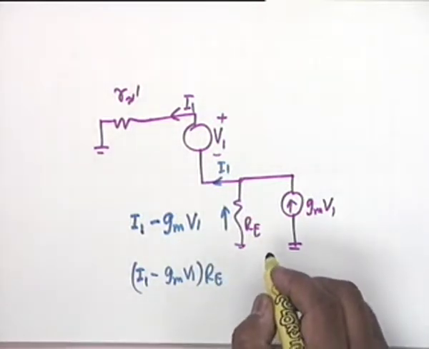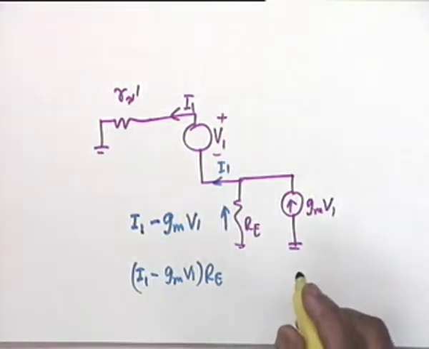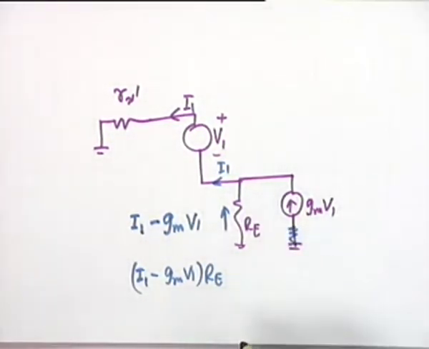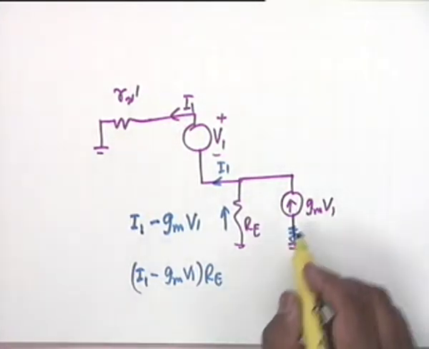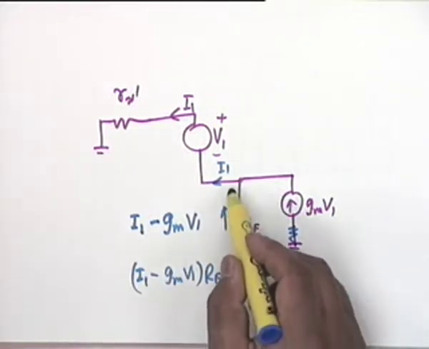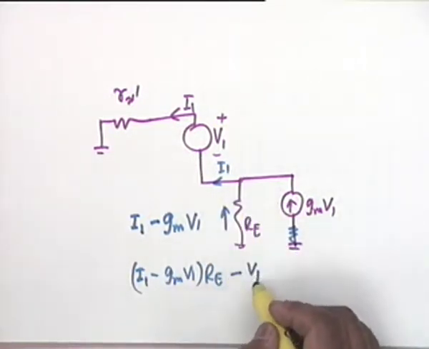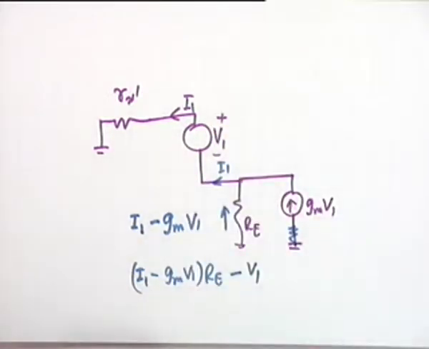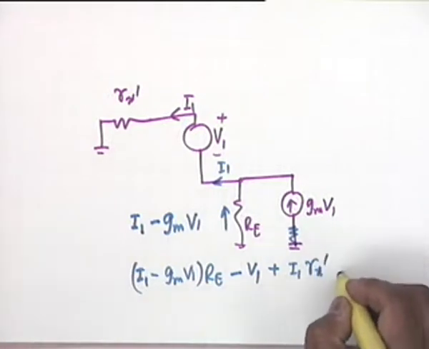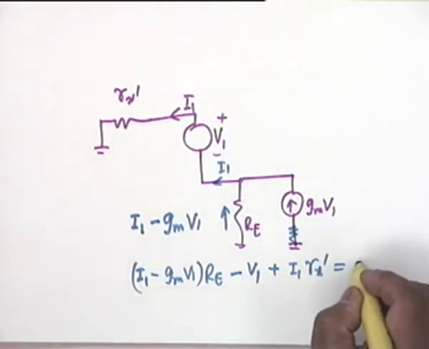RL comes here. But since it's a current generator, it's ineffective. Okay? So this drop plus minus, then you must have minus V1, minus plus, then plus I1 Rx prime. That is equal to 0.